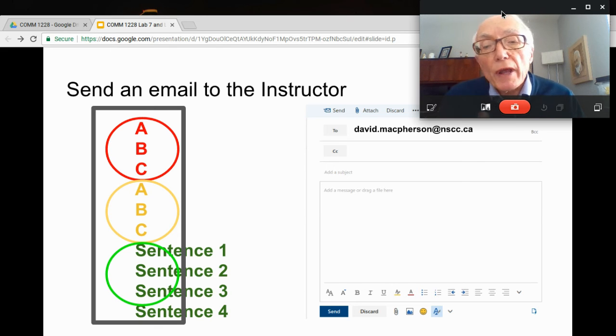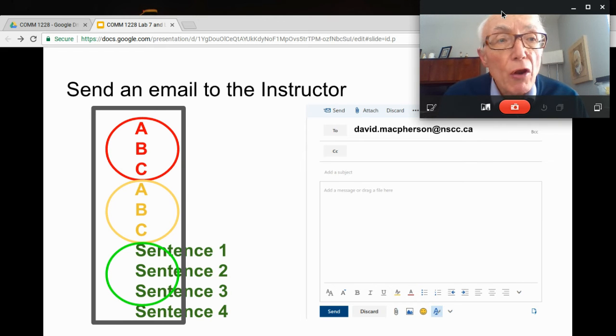And then we have to think about, well, what's the content of this email? Well, the other purpose of this particular lab is to prepare us to write the customer service reflection assignment, which is worth 10% of your course mark. And that will require us to put together 4 headings in a report.